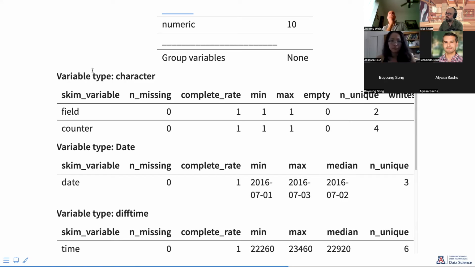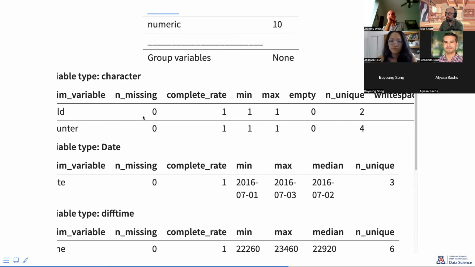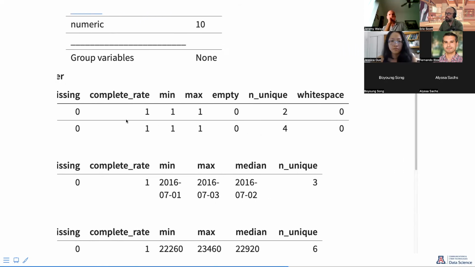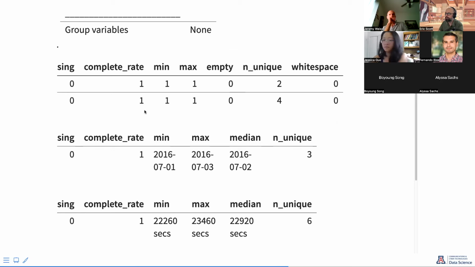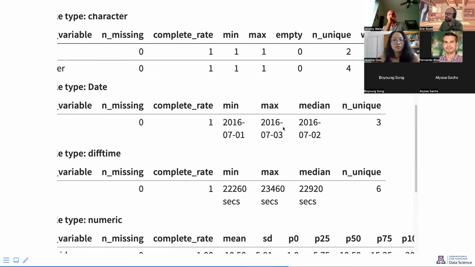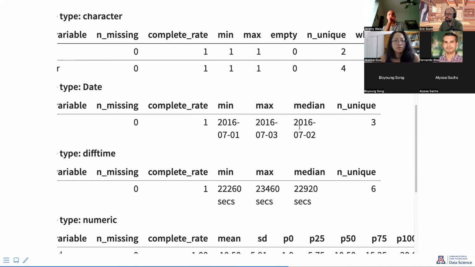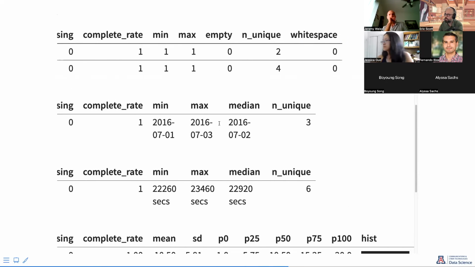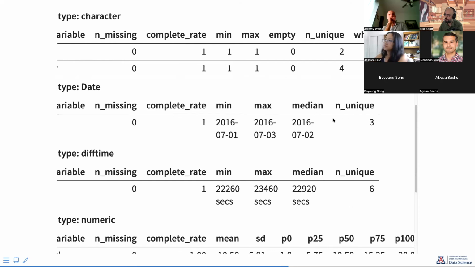But it tells us for the character variables, we've got field and counter. It tells us how many are missing, what fraction are completed, 100%, right? And for date, it tells us the range. So right there, we could potentially see if there was something wrong, if there is a date that happened outside of our range. It tells us how many unique dates there are.